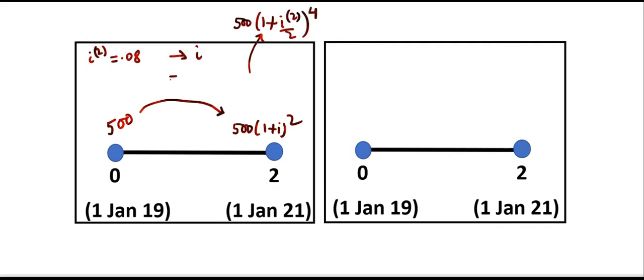Suppose you find i from here, you check the other way. You get 8.16%. If you put here, you will get 584. If you want to find it this way, you directly put 0.08 here and find the value.